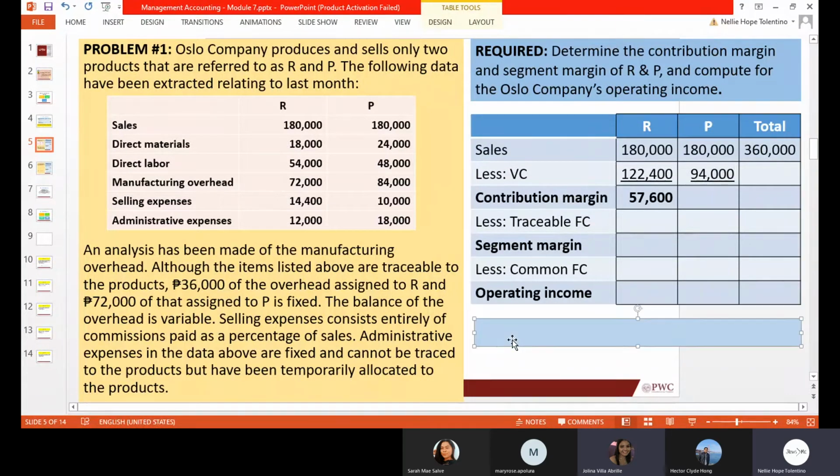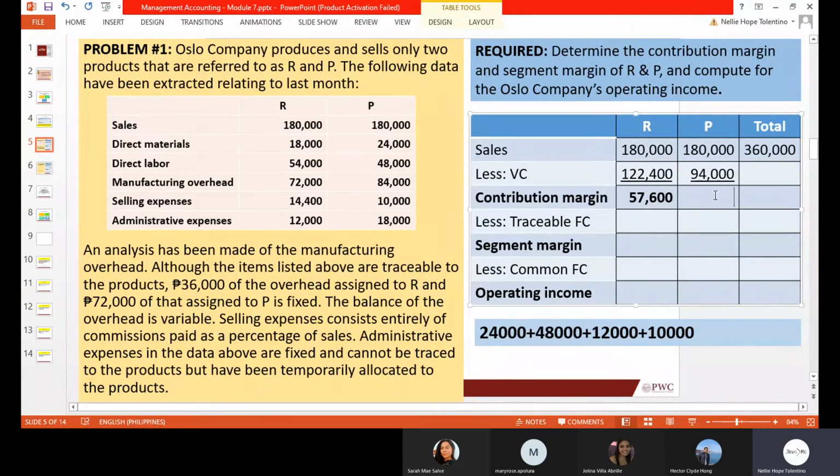Very good. Give me the formula. DM, DL, then MOH is only 12,000, then selling expenses are 10,000. So this is the formula: 24,000 DM, 48,000 DL, 12,000 because 72,000 is fixed, so 84 minus 72 is 12. And this 10,000 is from selling expenses. Add them all and you get 94,000.